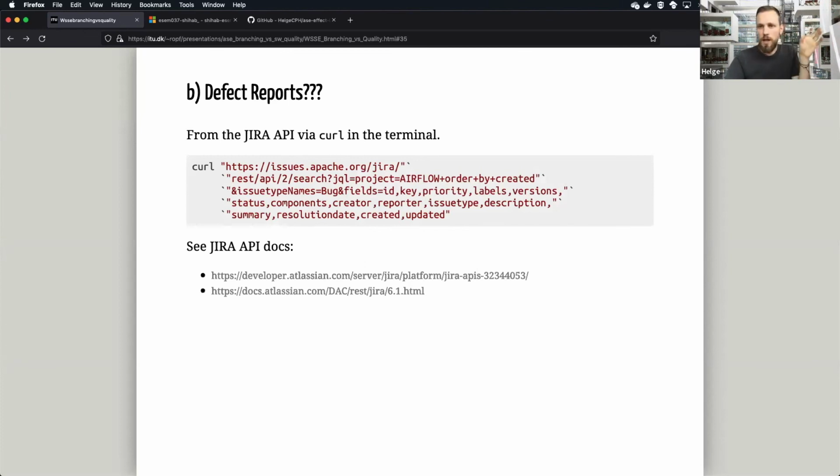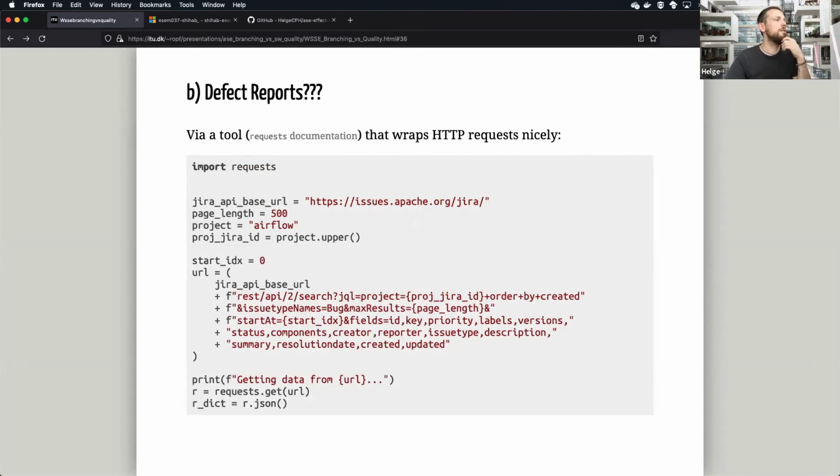This is how it would look with curl, and you should be able to run that from your command line. Or we could do that in Python. Everything that I provide you as examples are small Python code stubs. In Python, using the requests module, we would use this long URL. You have to point to a certain project, which in that case could be Airflow or any of this long list.